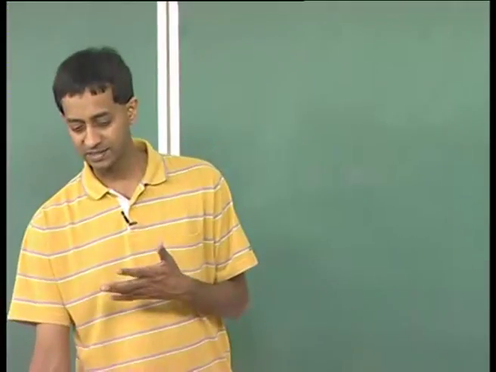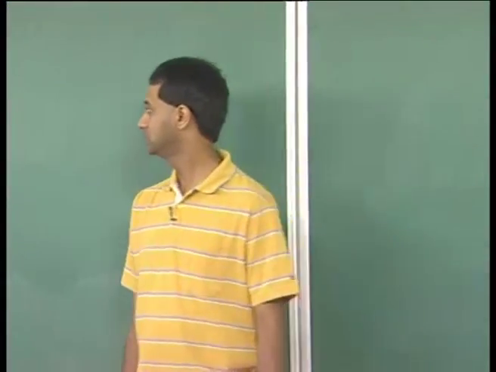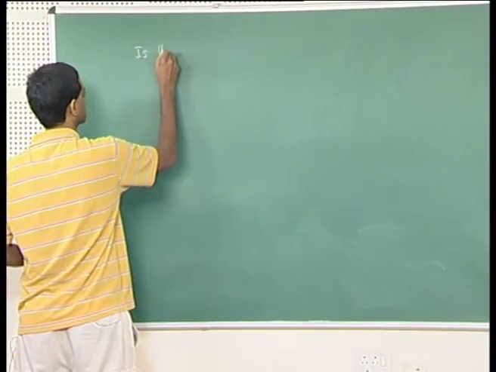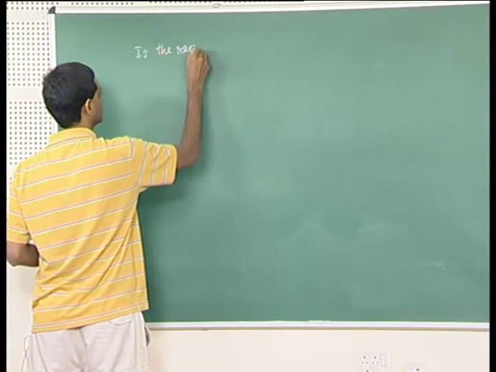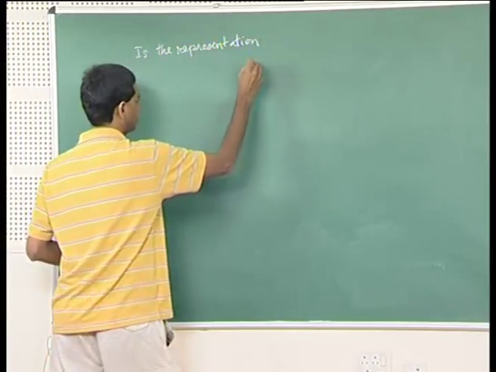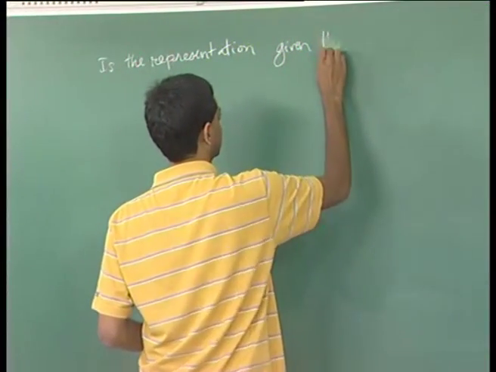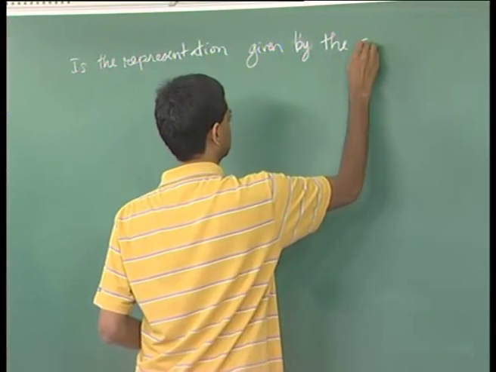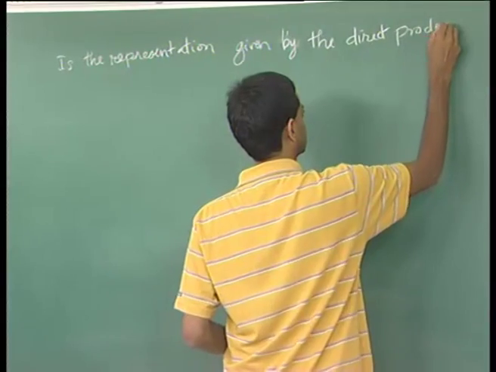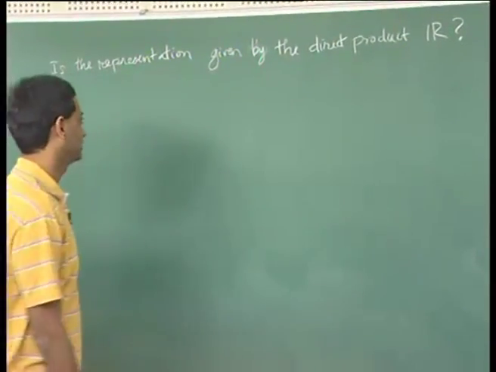And the second question is, if it is a representation, what are its characters? So, is the representation given by the direct product irreducible?